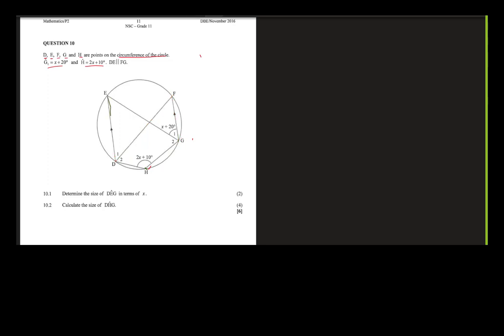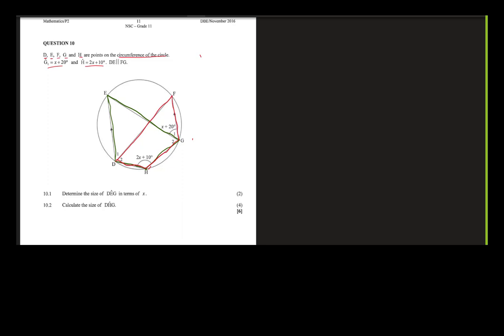If I were to draw it very well, all points here, it's our cyclic quad. So actually in this question we have got two cyclic quads. Another one drawn with a green color and another one drawn with a red color. We have got two cyclic quadrilaterals.